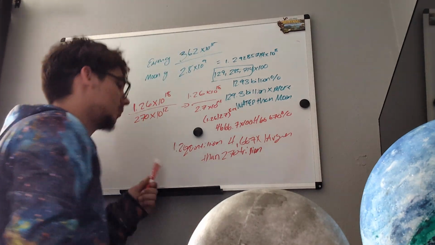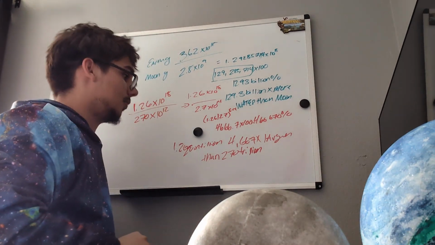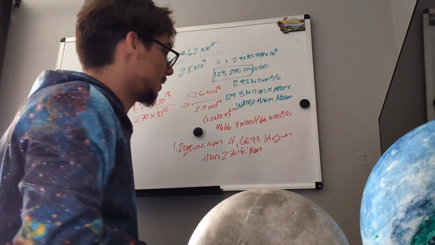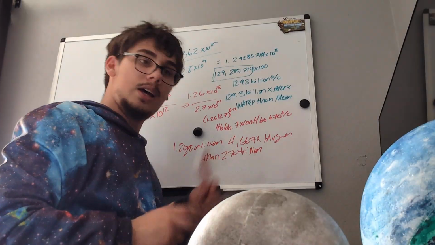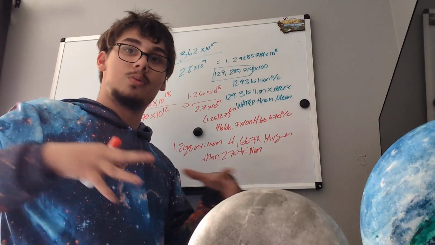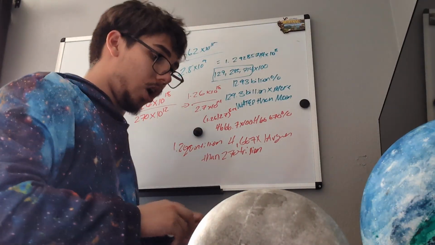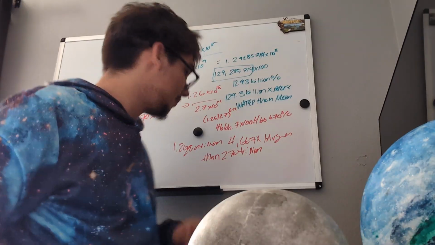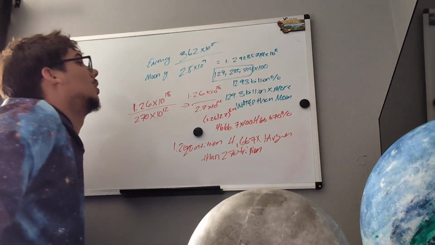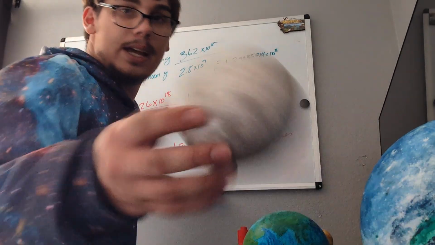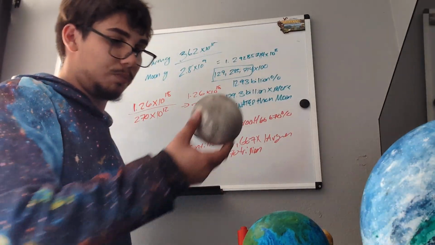Yep. 1.26 quintillion is 4,667 times larger than the entire moon's water. Crazy. Big numbers here. So yeah, because like I said, the moon doesn't have much water. It's just little pockets.